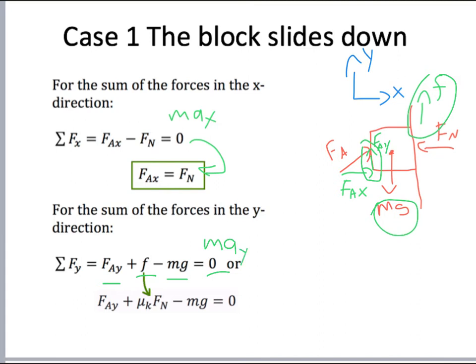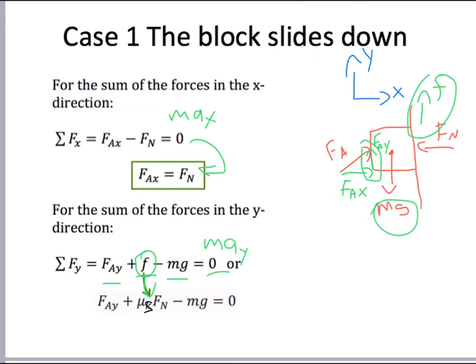And what do we always do? We plug in for the friction using our relationship that the friction is mu sub k times the normal force. And do you see what my mistake in my equation is? Oops, sorry about that. That should be mu sub s because we're talking about static friction.